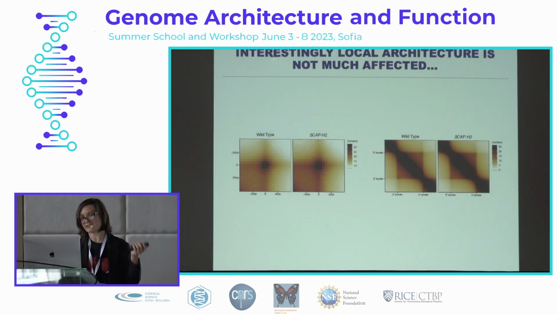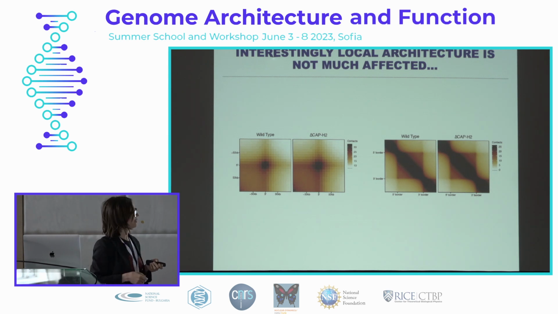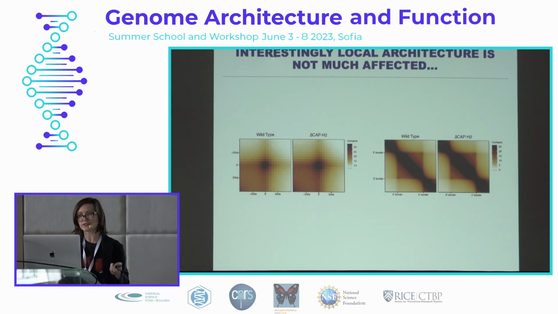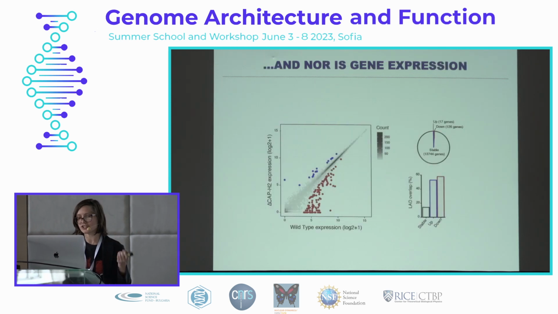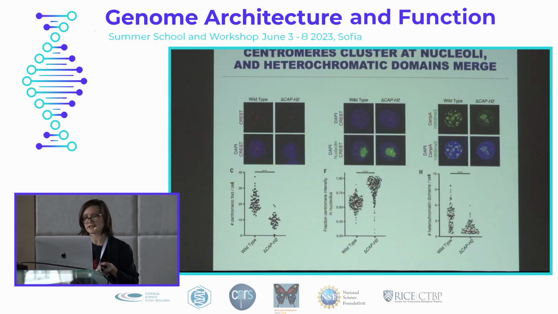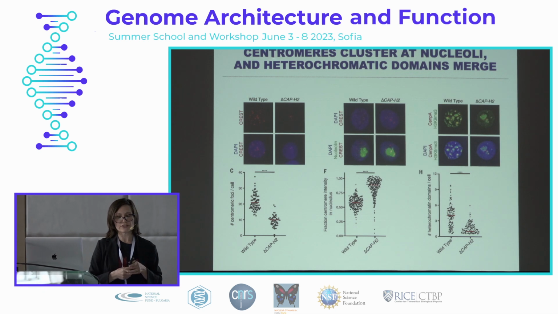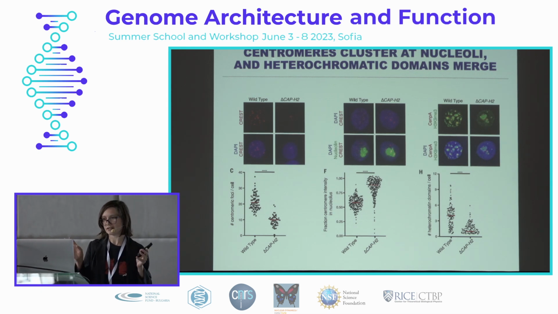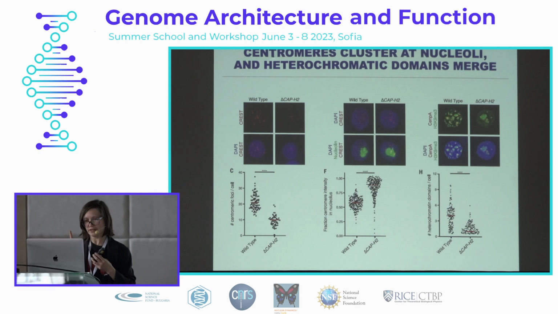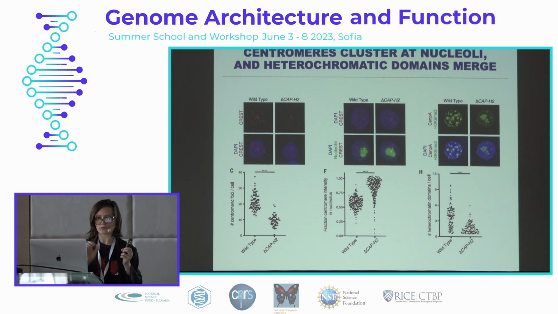But we did a bunch more stuff to, of course, describe what's going on in detail in these new cells, but it seems that more or less nothing really got majorly disrupted. The local architecture was not much affected. The gene expression was not all that much affected. But interestingly, what the microscopy showed is that the centromeres were clustering at the nucleoli, and that the heterochromatic domains were merging.